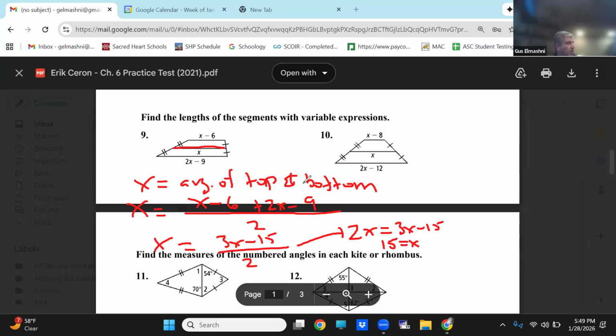So because you get 15, now I know all the sides. You get 9, 15, and 21. Same thing again.